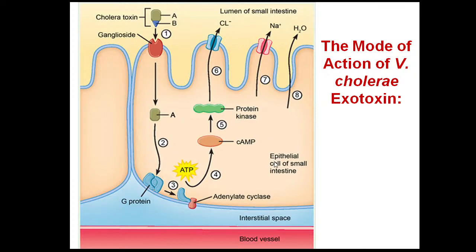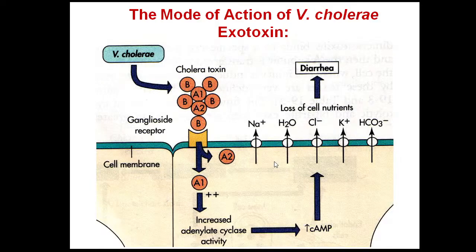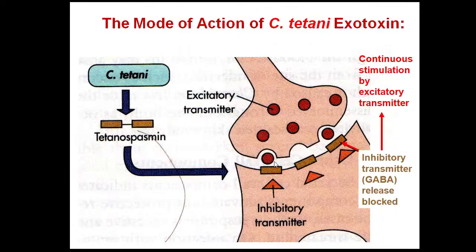This loss of water may cause hypovolemic shock that can be a cause of the death of the patient with cholera. This toxin is called choleragen because it really generates all symptoms that we may see in cholera disease. That's also Vibrio cholera.